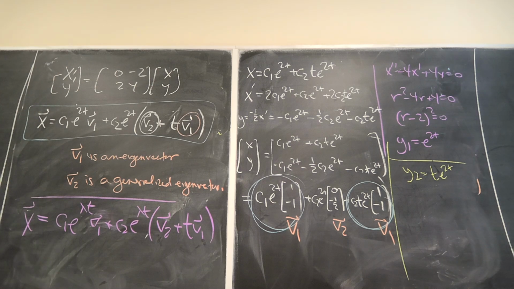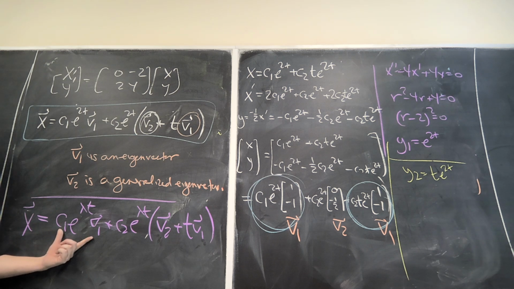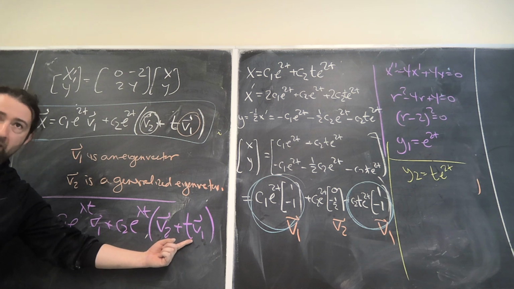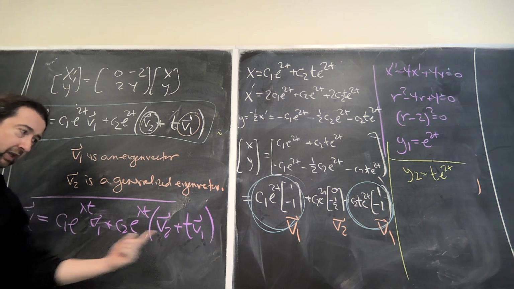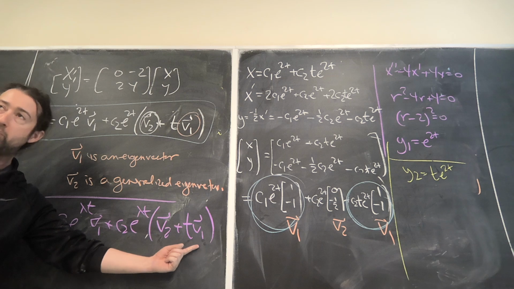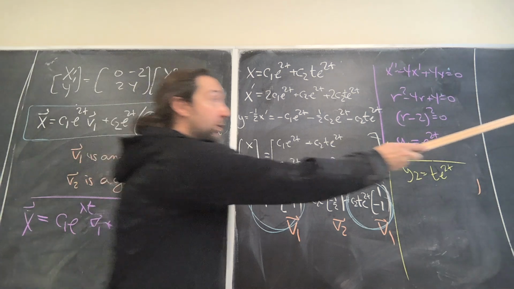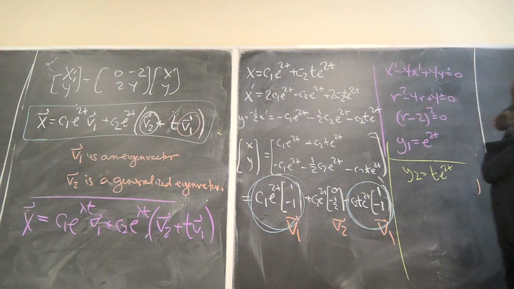There's one straight line solution. What happens as t goes to infinity? What counts? Well, this part does whatever it does, but this dude over here with the t in front of it, that's going to dominate everything, because now we've got an exponential times this value t. So the most important term in the entire solution is this t v1 term right here, which is why all of these are parallel when you get far enough away.